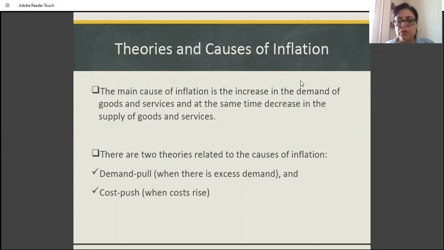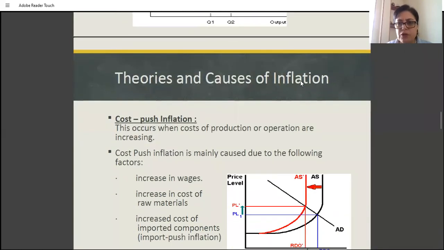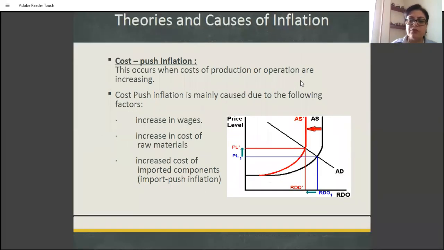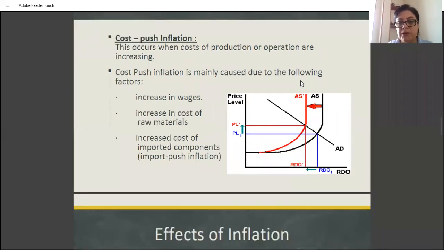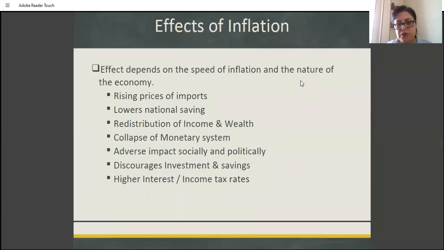I mean demand-pull or demand-side inflation, and cost-push or supply-side inflation. Then the graphical representations of the two approaches: demand-pull inflation, associated with increased aggregate demand and stable supply, and cost-push inflation, which explains the inflation rate in terms of lower aggregate supply and stable aggregate demand. And the economic consequences of inflation.